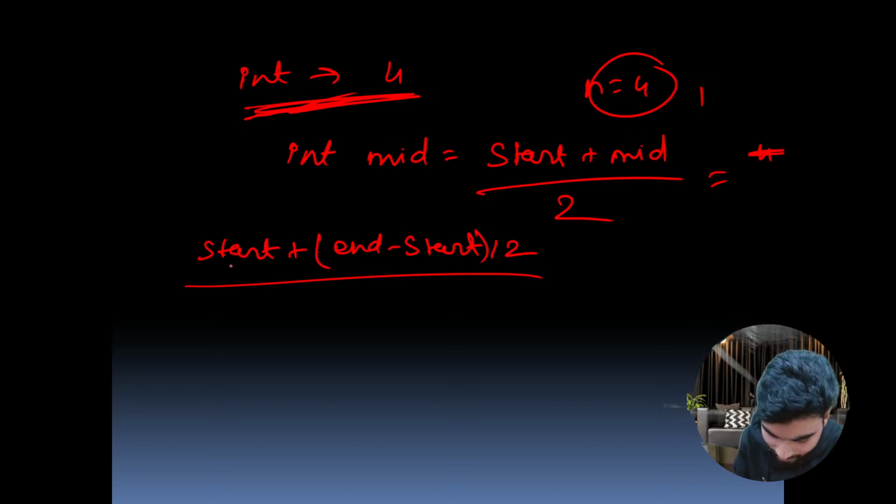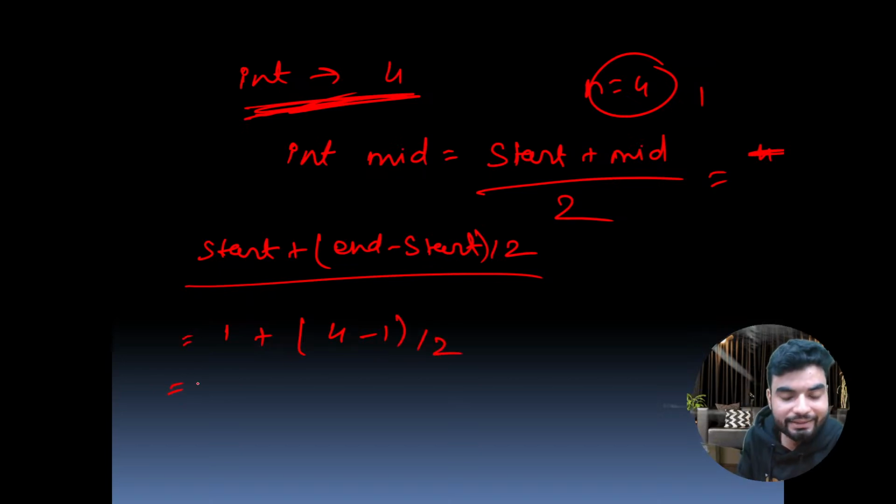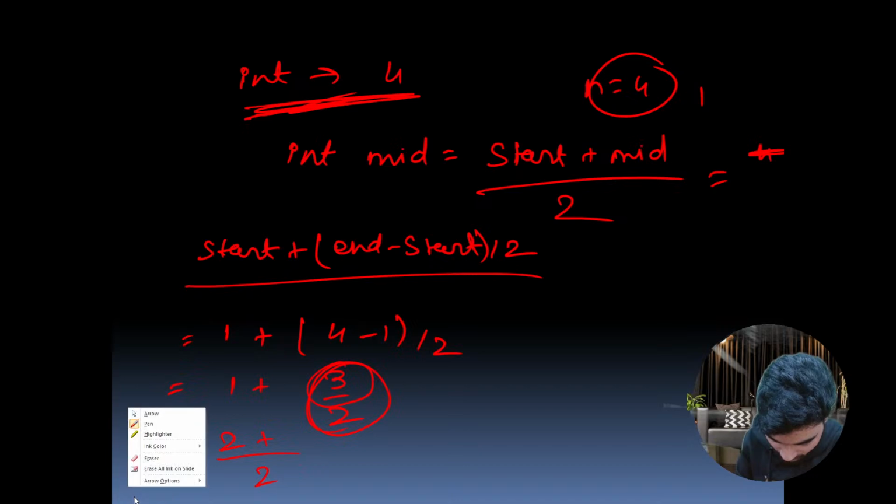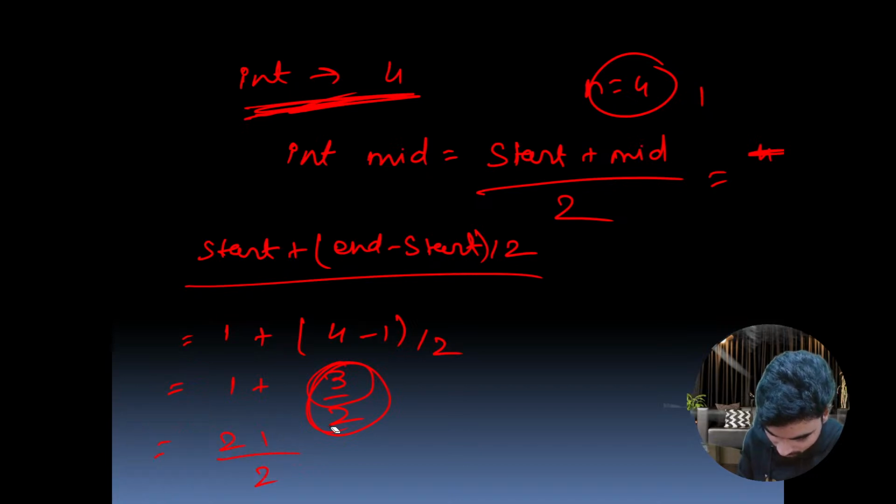Now if I write this, will this solve the problem? Let's see. Let's say our start was 1 plus, and end was 4 minus 1 by 2. If you see that, there won't be any time when the value will be exceeded. So now this is 1 plus 4 minus 1 becomes 3 by 2. When you solve this, it doesn't solve in this way, it will solve like this.